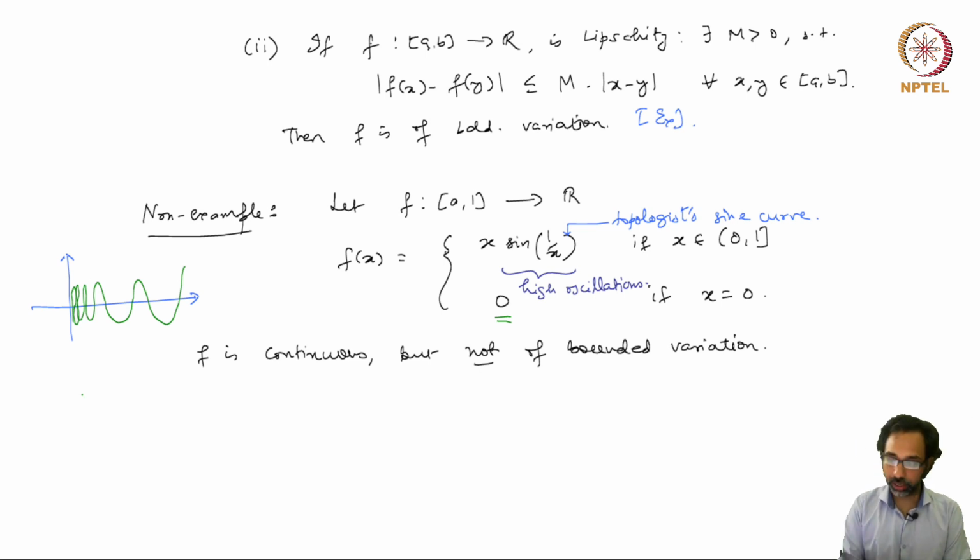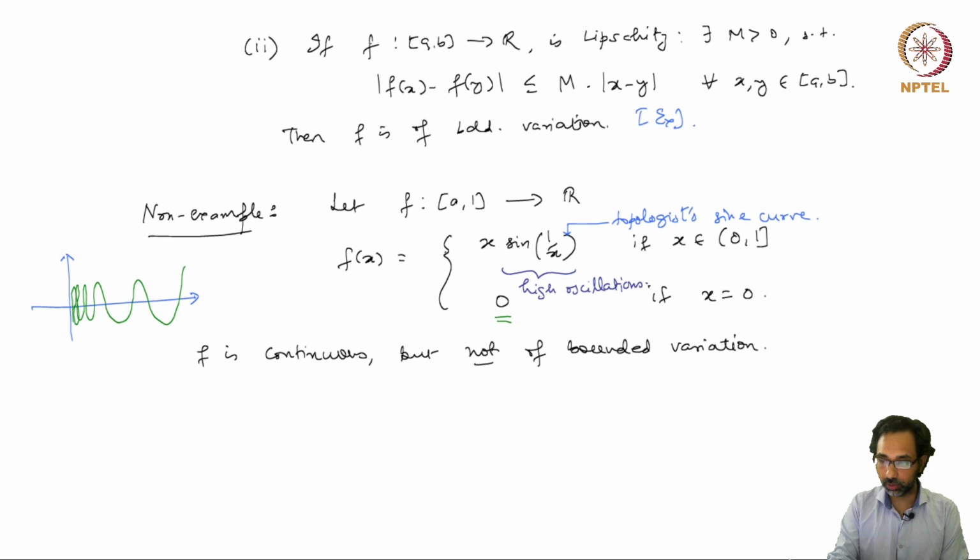But this oscillatory nature of sine(1/x) breaks the bounded variation, because there are infinitely many ups and downs in this curve as x goes to 0.